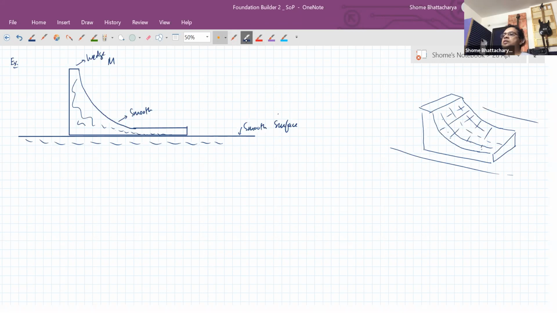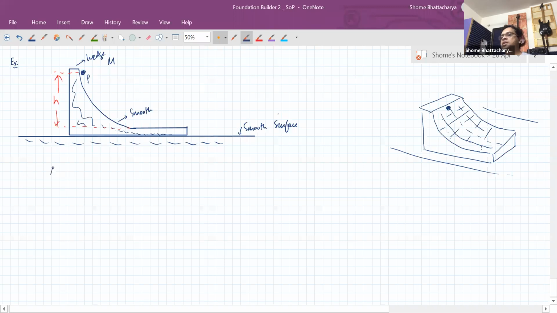Now what we do is take a small particle-like object and release it from this position, placing it against the surface of the wedge such that this height is h. You place it somewhere here at the midpoint and release it from there, so it comes slipping down like this.